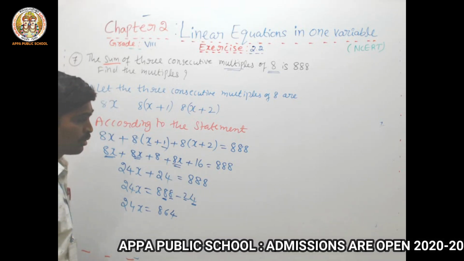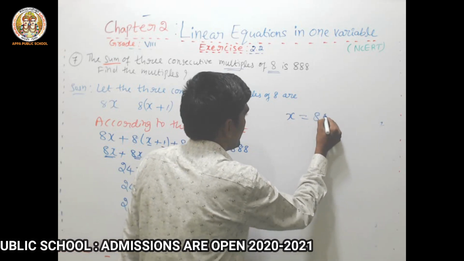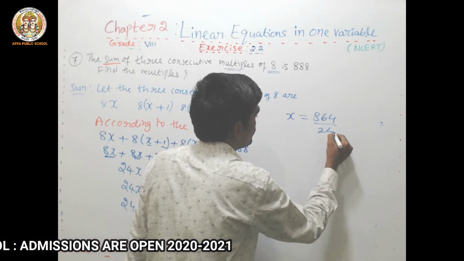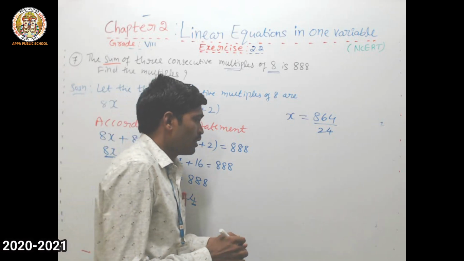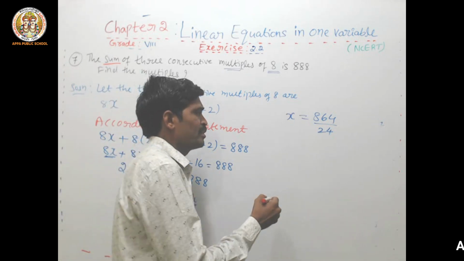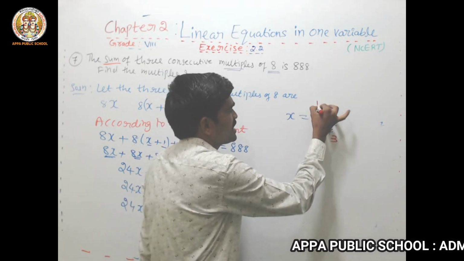Understood? So x is equal to, can I write 864 divided by 24? Now how to get it cancelled? We can go for 24 and 864, 8 tables, 8 3 is 24, 8 1 is 8.